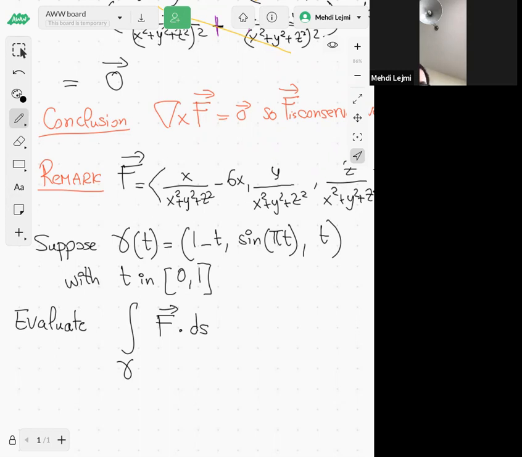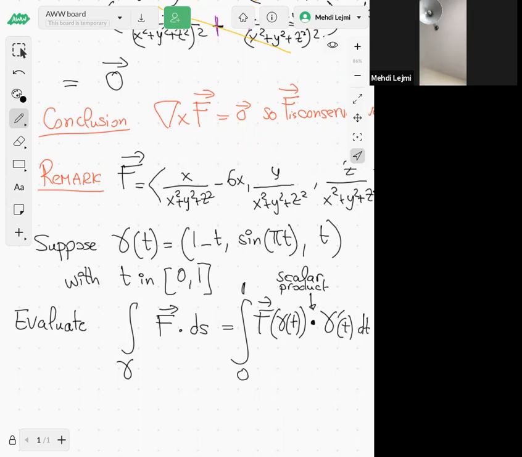So we know how to compute this vector line integral. This would be equal to, as you know, the integral of f of gamma of t, scalar product with the tangent vector gamma prime of t, which is the tangent vector to the path gamma, dt, where t is in the interval 0, 1.